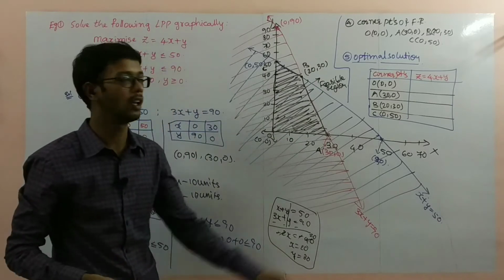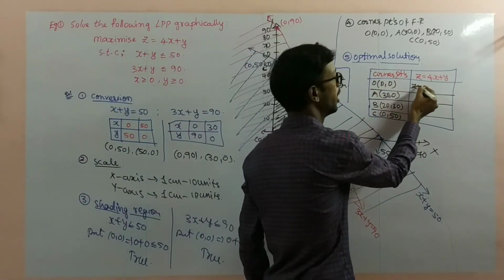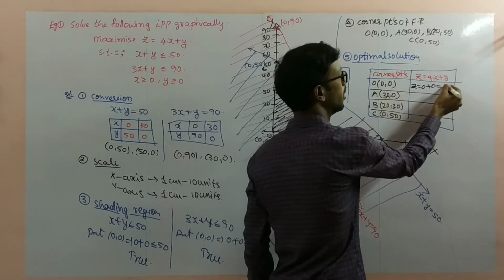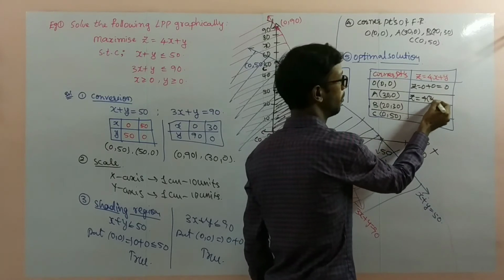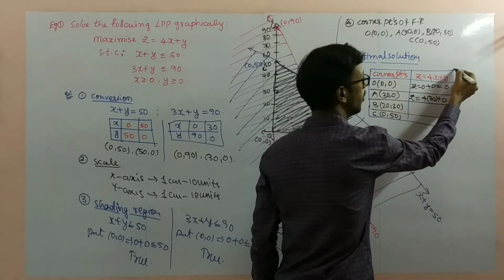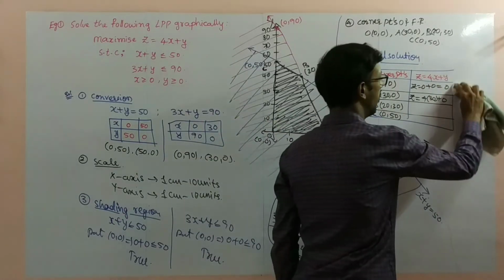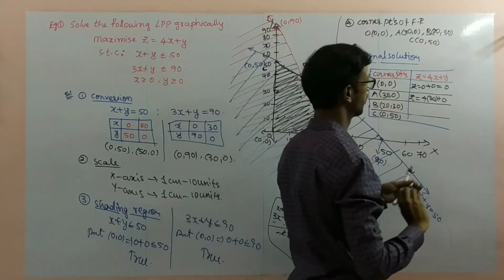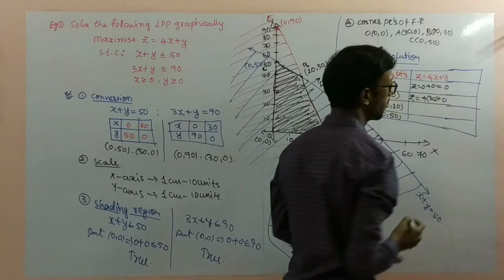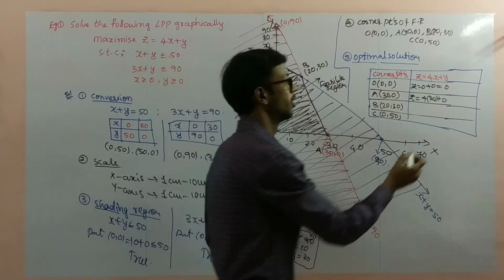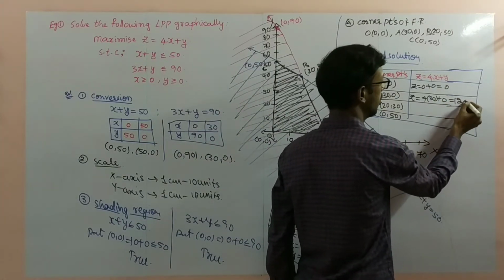So now substitute in place of x and y. First one is x, second one is y. If we substitute x equals 0 and y equals 0, z is 0. Then z equals 4 into 30 plus 0, which is 120, since 4 threes are 12.